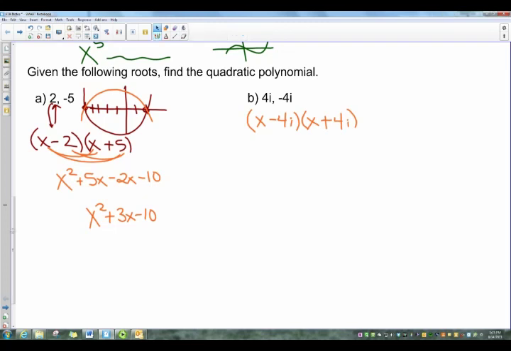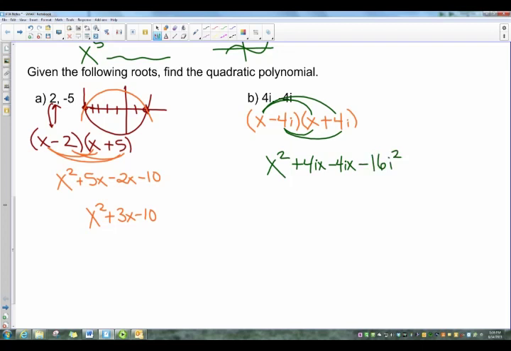Now, when I go through a FOIL, here's what happens. x times x is x squared. x times 4i is a positive 4ix. x times a negative 4i is the negative 4ix, and hopefully you see what's going to happen there. And then the last one is negative 4i times positive 4i, which is a negative 16i squared.